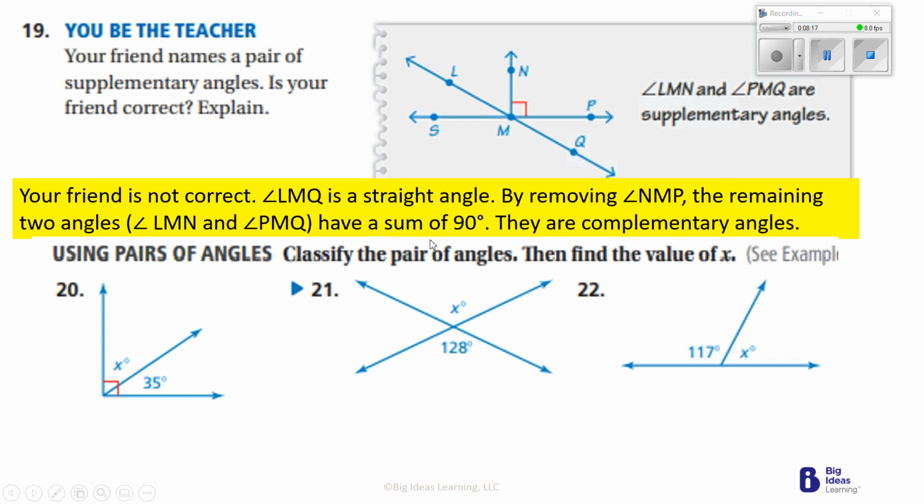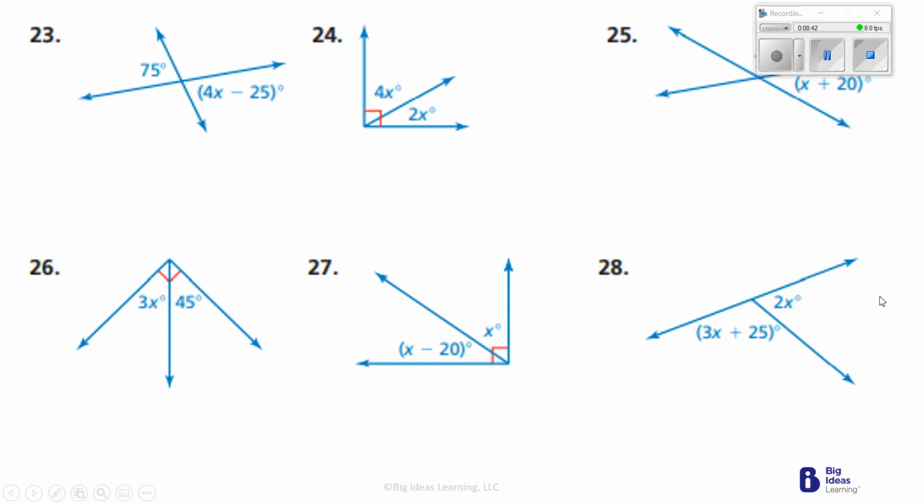So are they supplementary angles? No. They are, in fact, complementary angles because they will equal 90 degrees. Number 21 is mine. Classify the pair of angles and find the value of x. Well, I'm going to say this is vertical, and this must be 128 degrees because these are two lines crossing, and these angles are opposite each other. Vertical and 128 degrees. 21 and 22 are yours to do.